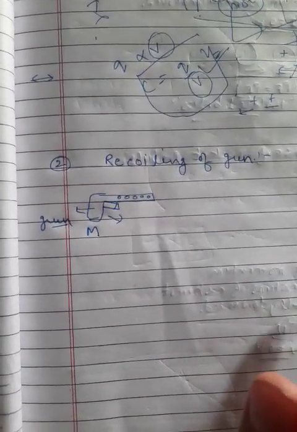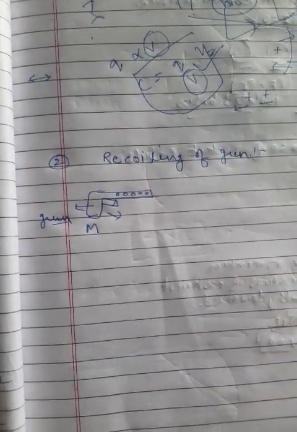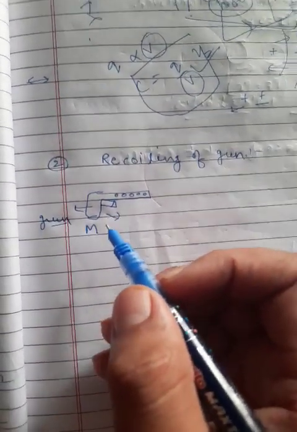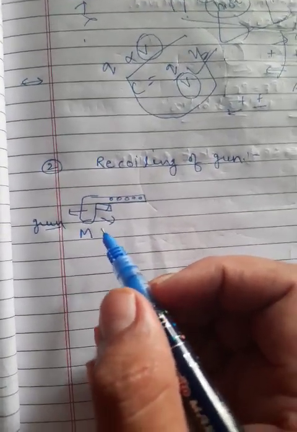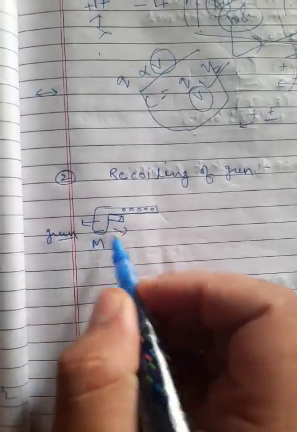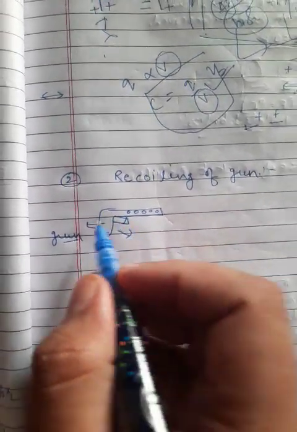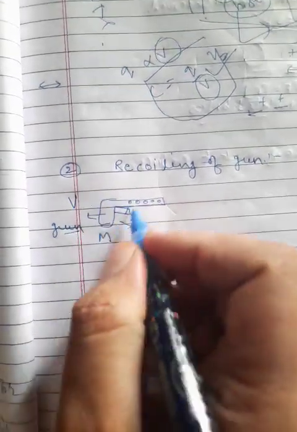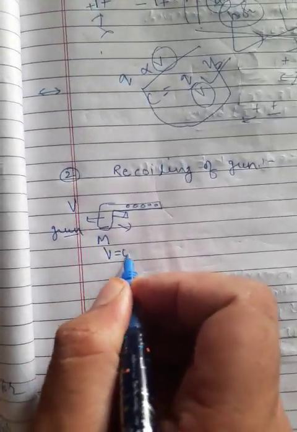Now we will talk about the initial momentum. For understanding the initial momentum, we have to take one concept, that is initial velocity. The mass of the gun is capital M, and its velocity in the backside is capital V. But initially it is at rest, so V equal to 0.